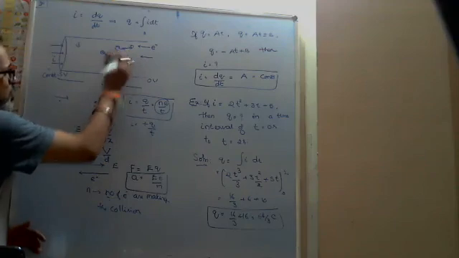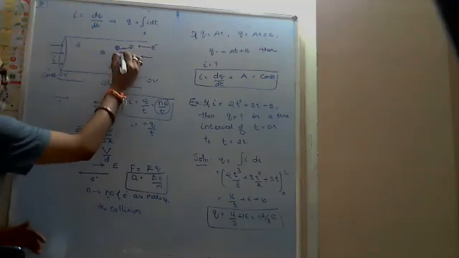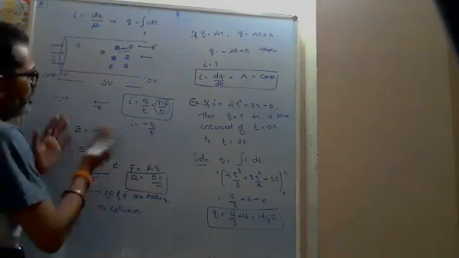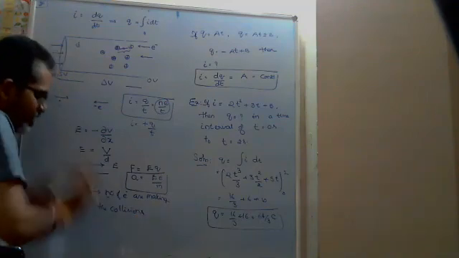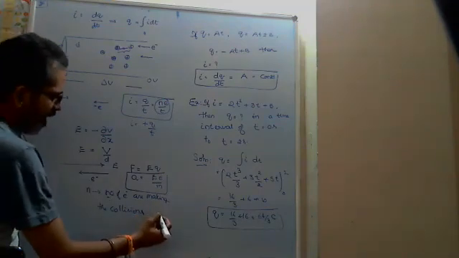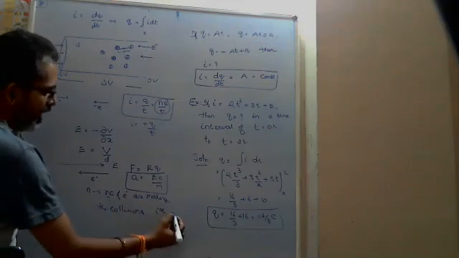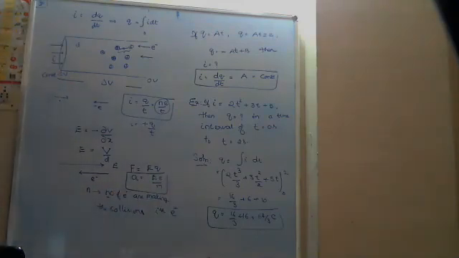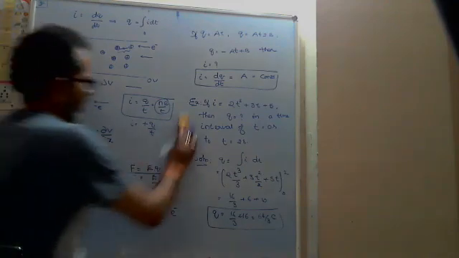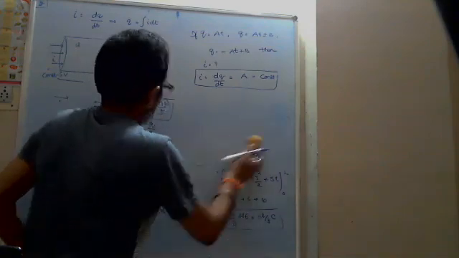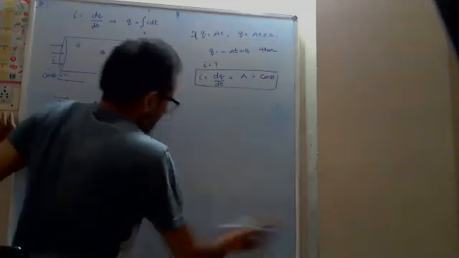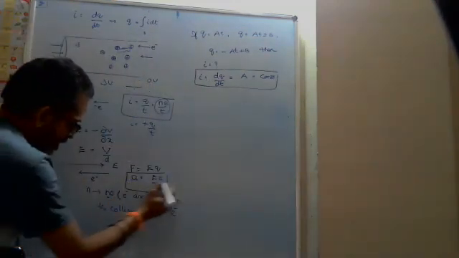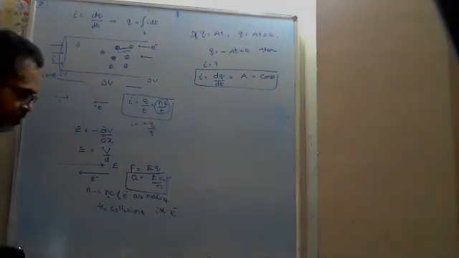Suppose among those electrons, some ith electron, like the third or fourth electron, before making the collision, is accelerated by the acceleration eE by m.